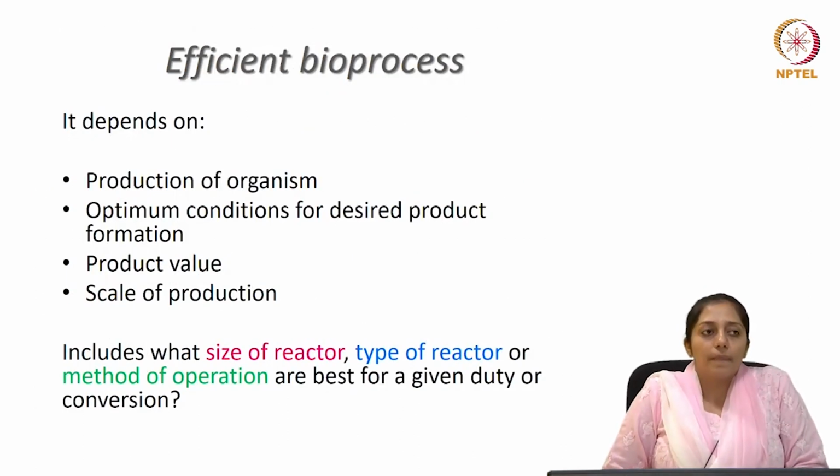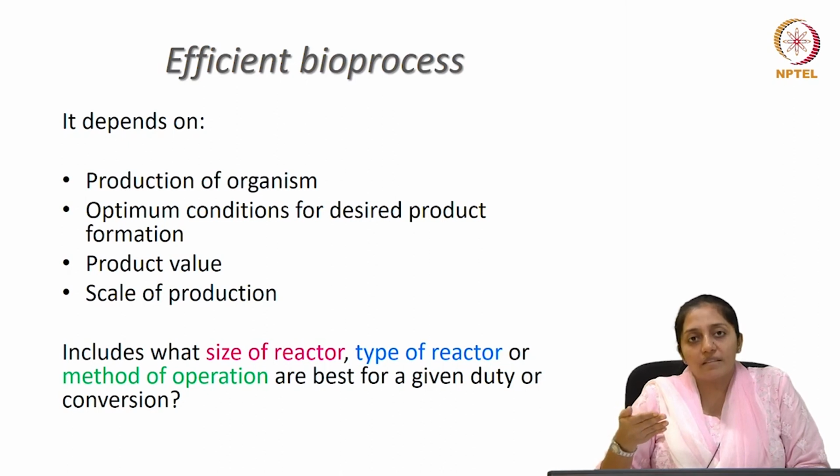So to say what is an efficient bioprocess, it depends on the following things. One, on the production of the organism inside the reactor, how well the organism is getting mass multiplied, which means maximizing the biomass which is achieved.